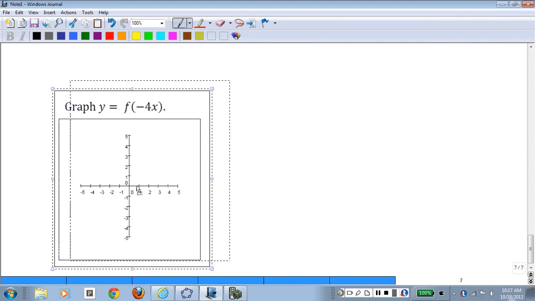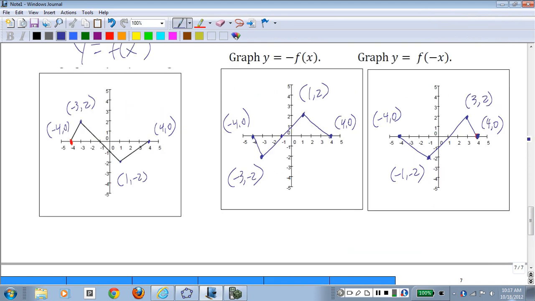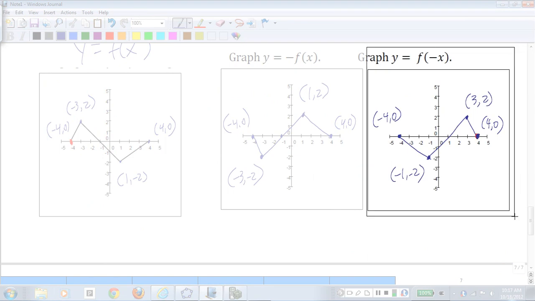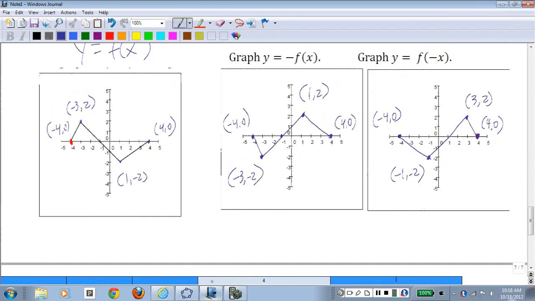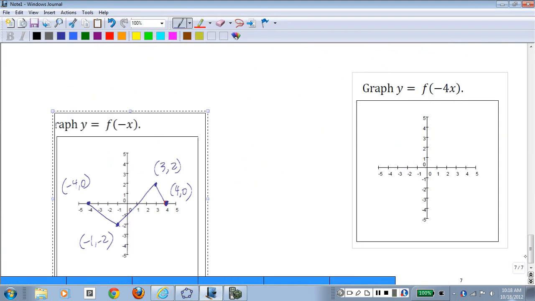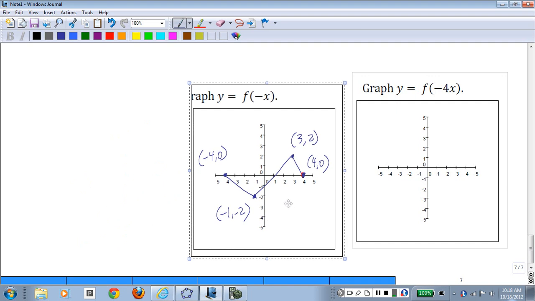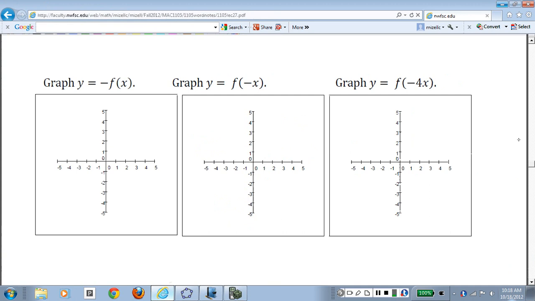So I'm going to put this one all the way over here. That's where our final answer needs to be. I'm going to take this one we just got through doing, where we reflected y equals f of negative x. That was the y-axis reflection. And then consider the original one, and I guess I need the points on the original one.